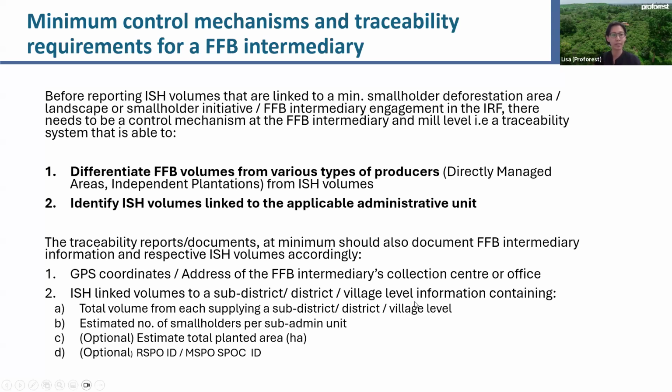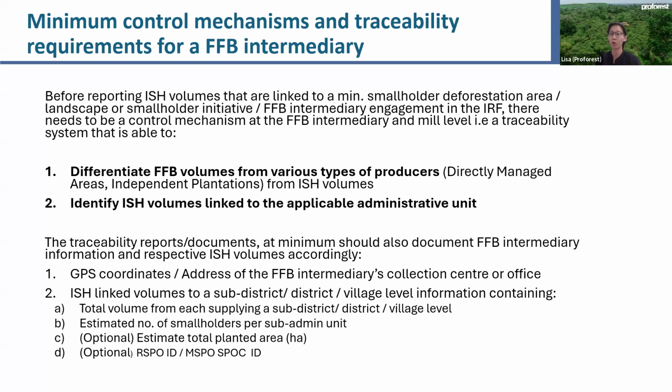And what is required, the traceability report documents at minimum should also document information regarding the independent smallholder volumes accordingly. So for your dealer or ramp level, at least the GPS coordinate or address. And for independent smallholder volumes, we're looking at total volumes for each supplier, for each supplying sub-district or district or village level, according to which areas you're sourcing from, right?